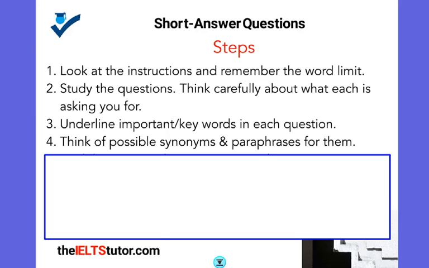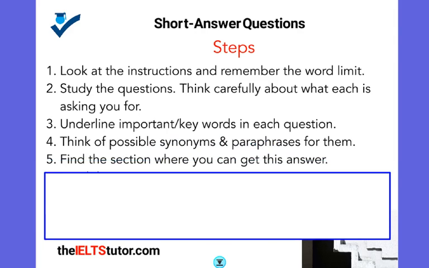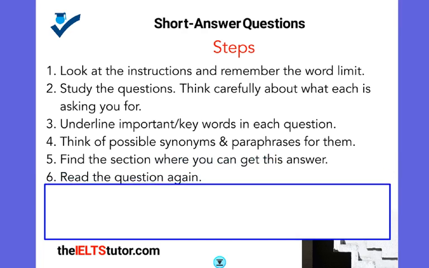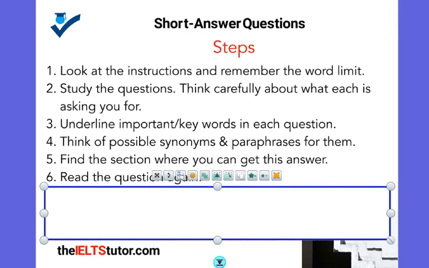Now, once you have identified the synonyms and paraphrases for these keywords, like I said, find the section where you can get this answer and stay within that section. Okay, don't look anywhere else. And then go back to the question again, read the question, but don't overanalyze it.